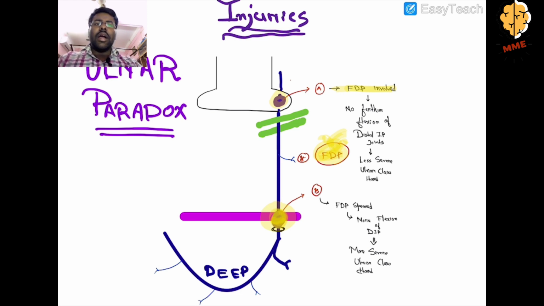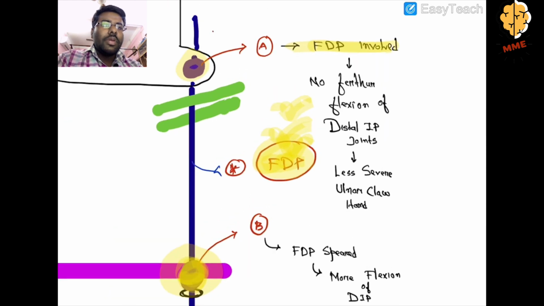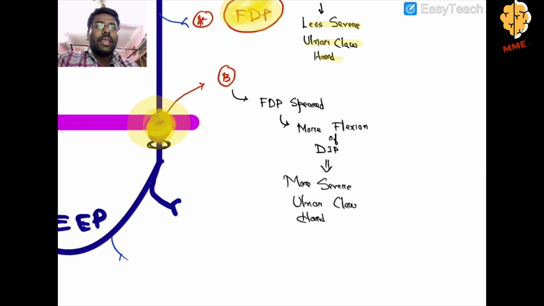This is about the ulnar paradox. This is because of the medial half of the FDP muscle. Because the FDP is involved, there is no further flexion of the distal IP joints, so there is a less severe ulnar claw hand. And if the FDP is spared, then there is more flexion of the DIP joints and more severity of the ulnar claw hand.